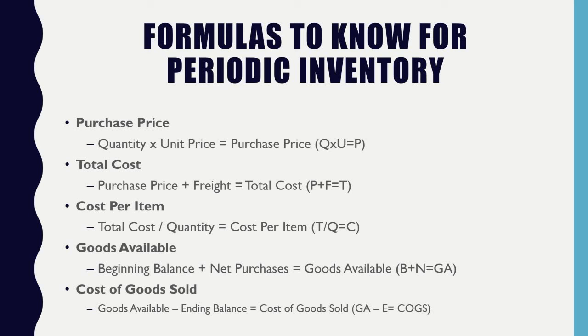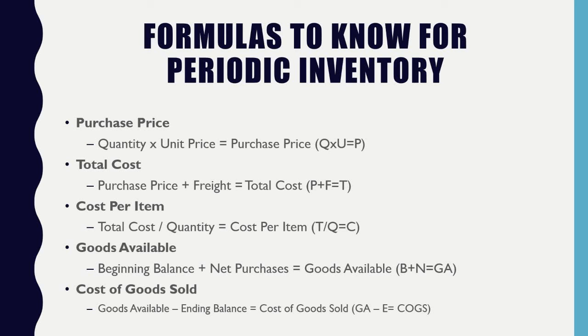Now the next thing that we're going to be looking into is cost per item. That is going to be your total cost divided by the quantity, and that's going to give you your cost per item. The second part, I'll talk about in a few minutes, but the formula for goods available is: if we have beginning inventory from the previous section, we include beginning inventory plus your net purchases, which will make a lot more sense when we go into the example.